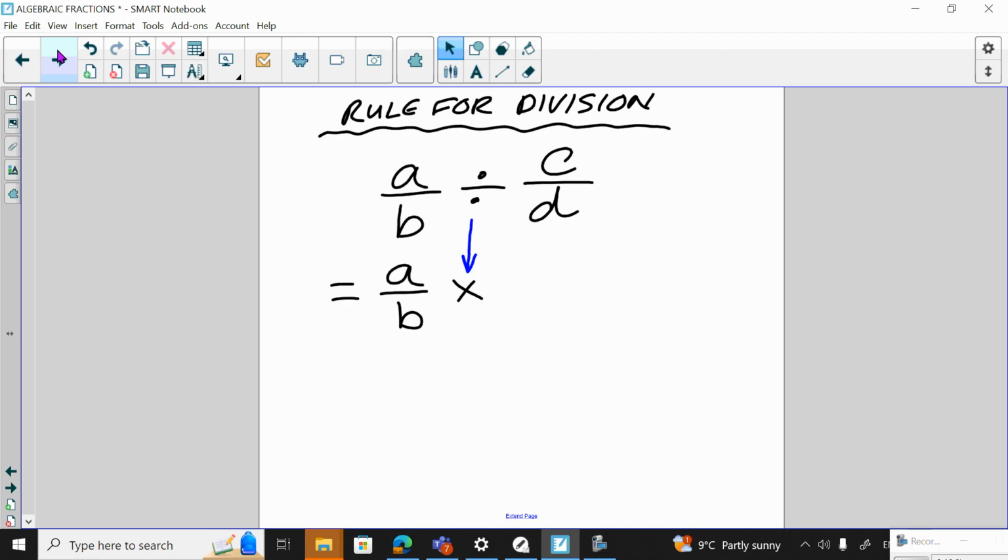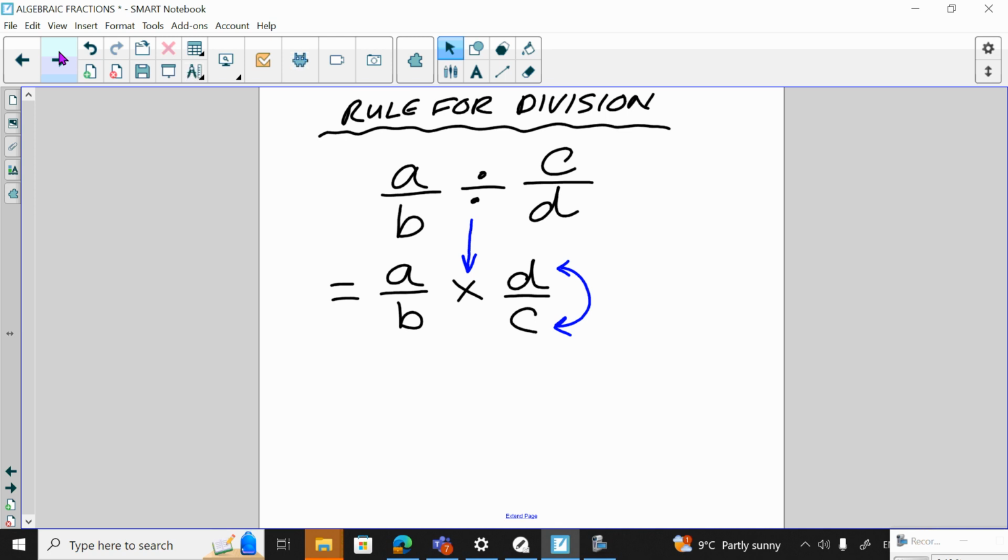What we have to do is the reverse, the inverse of multiply. So the second fraction gets flipped. That's a compensation factor. Divide turns into multiply, then the second fraction, we just flip that.